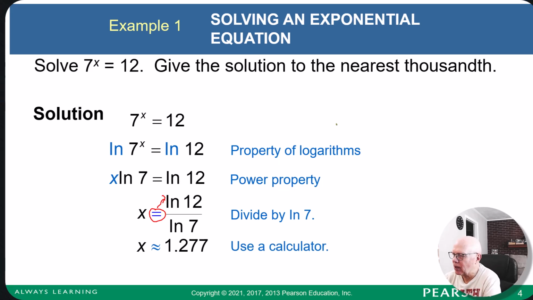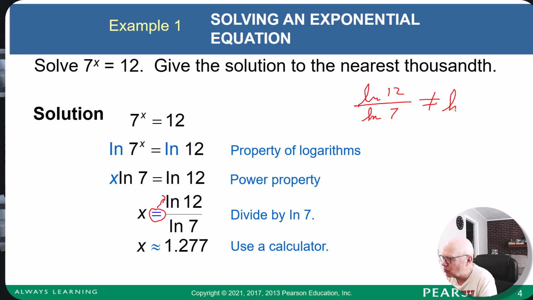Make sure that you don't write log 12, sorry about that, over log 7. Do not write this as natural logarithm of 12 over 7. No, those are not the same.